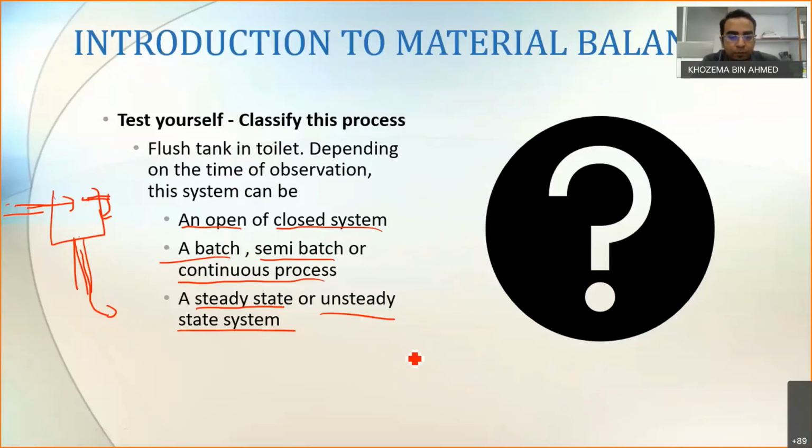What if I want my system to be closed and batch? Unsteady state, so it can only be closed and batch. Okay, so when is it closed and batch and unsteady state?